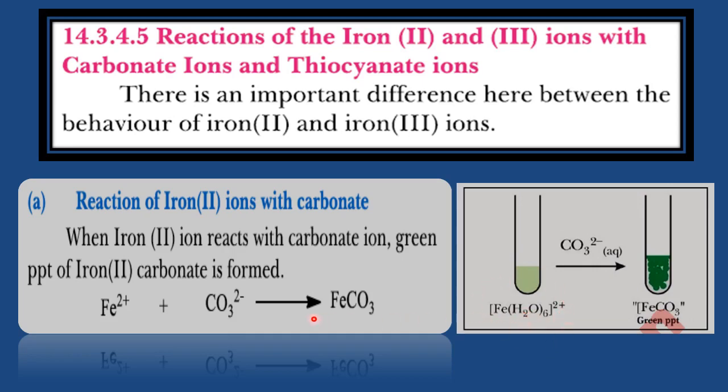So when it reacts with carbonate ions, it forms FeCO3, which is iron 2 carbonate, or simply iron carbonate. Now students, look at the electrostatic charges plus 2 and minus 2. They are going to electrostatically attach to each other, and this is not a complex, although it is neutral. It is going to give green precipitates which are going to settle at the bottom.